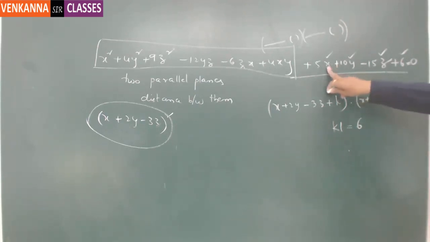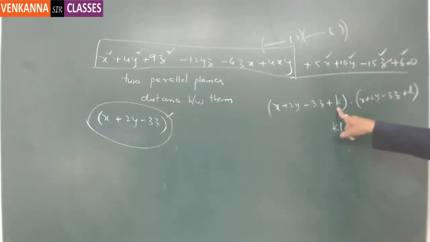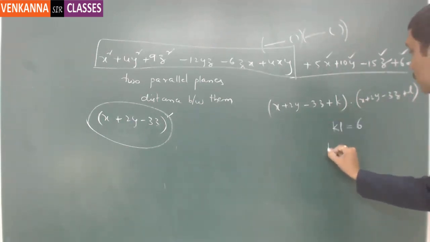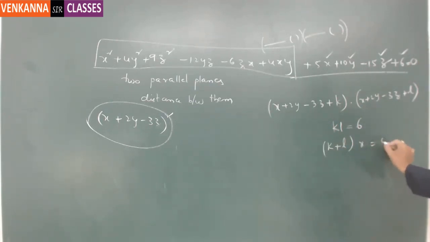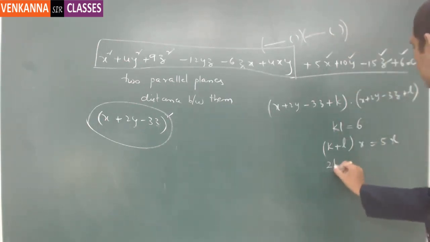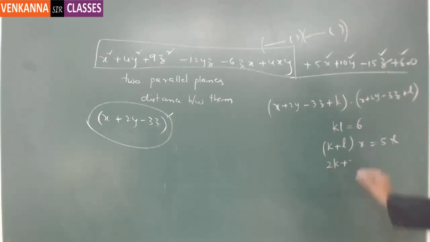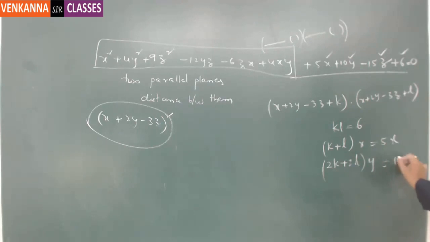And for the coefficient of x, if you multiply kx as well as lx, then k plus L times x is nothing but 5x. So, k plus L is 5. If you go for y, it is 2k plus 2L times y equal to 10y. Clear?